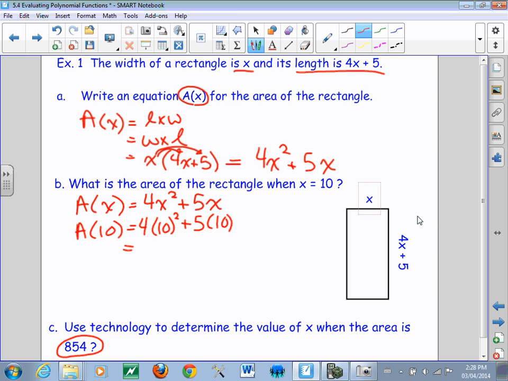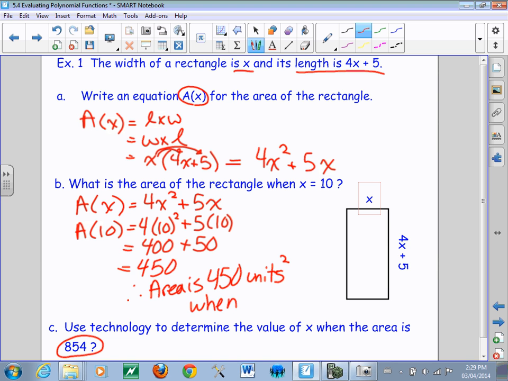Doing some calculation, that's 100 times 4, which is 400, plus 50, so that equals 450. So therefore, area is 450 units squared. They didn't specify, so just go units squared when x equals 10.